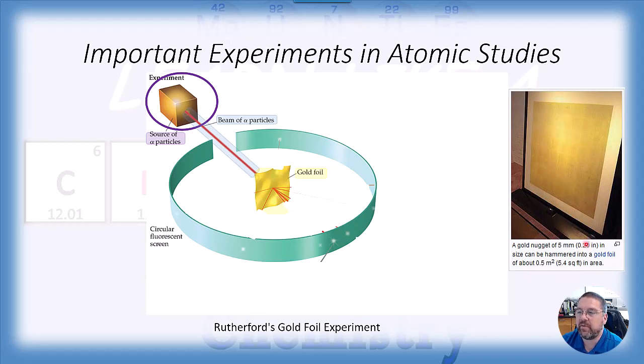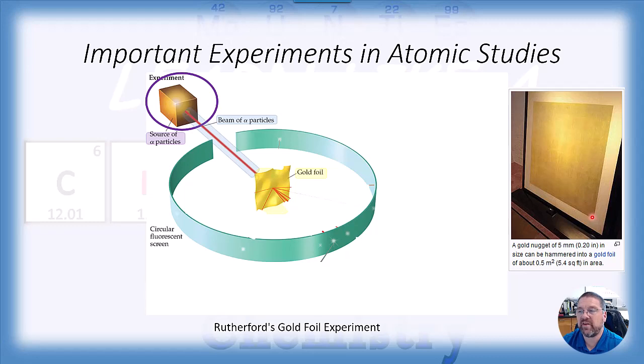So if you take a look at this image here, right here, where there's that tiny little dot, okay, that's a gold nugget. That's a gold nugget that's about 1/2 centimeter in diameter. Now, if you remember, the width of your pinky finger is about 1 centimeter. So imagine a gold nugget about half the width of your pinky finger, and you take that nugget and you flatten it out. And if you flatten it out as much as you can, you would get a sheet of gold that is this size here.